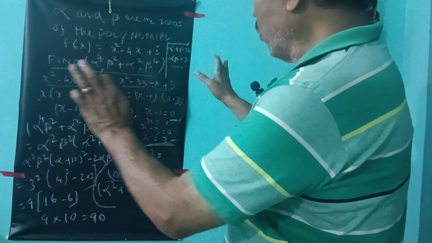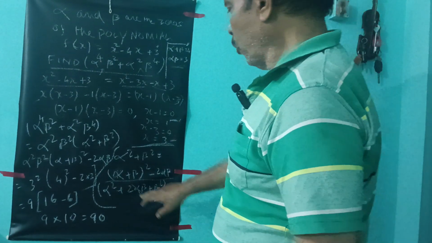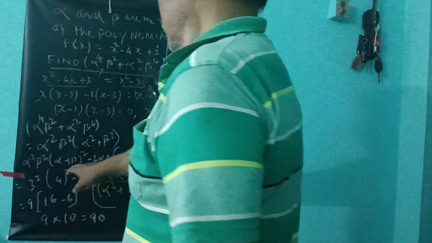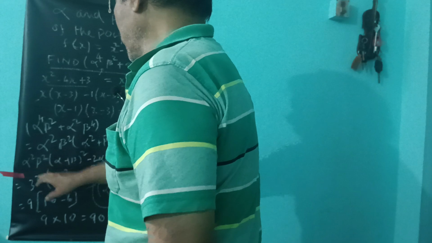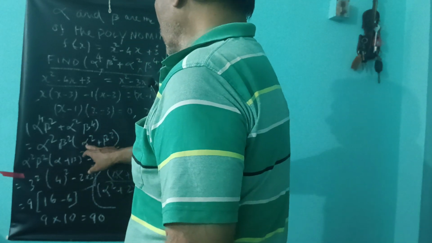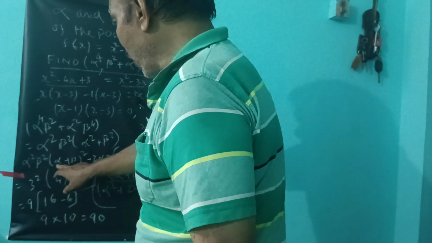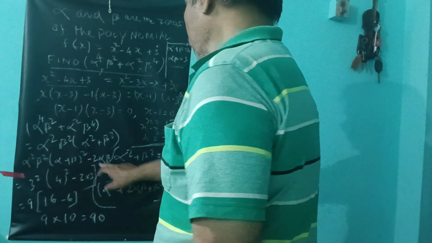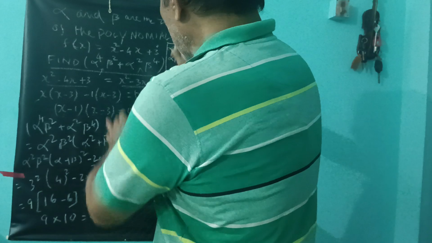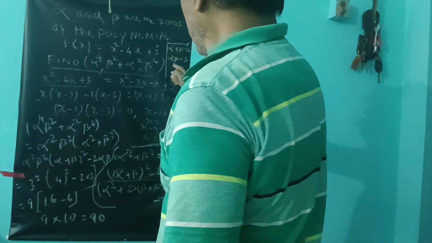So now everything is in place. This equation becomes alpha squared beta squared, and alpha squared plus beta squared becomes alpha plus beta the whole square minus 2 alpha beta. Okay, now everything comes in alpha plus beta and alpha beta.